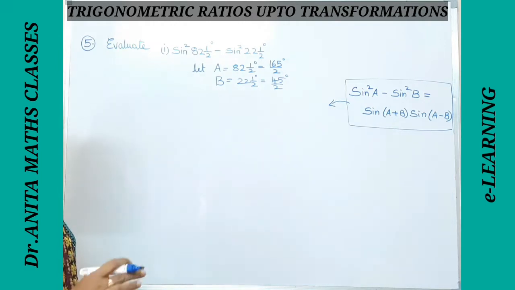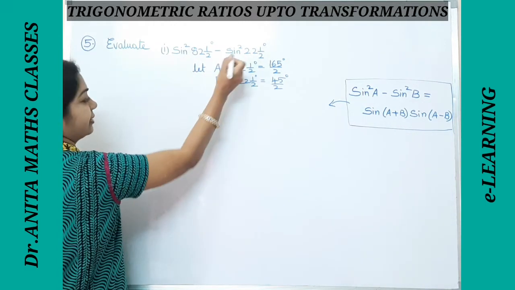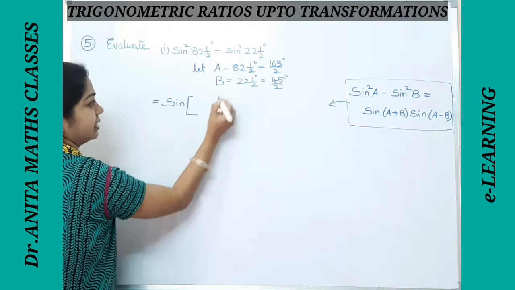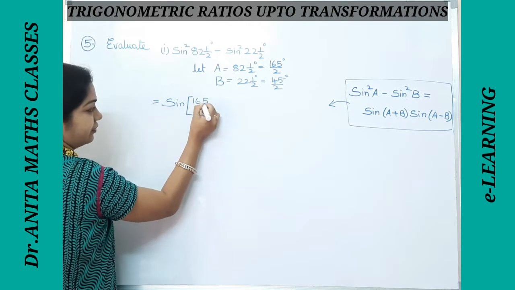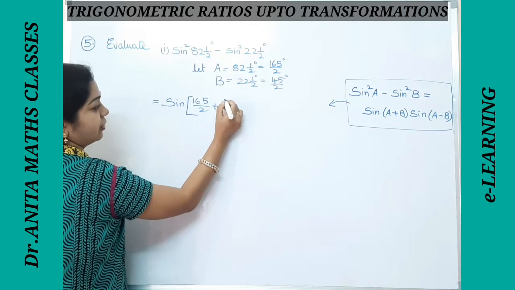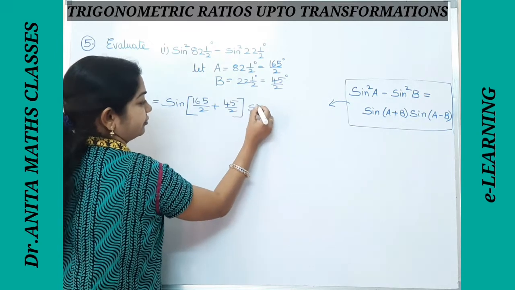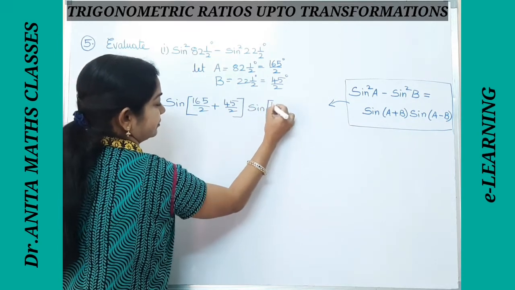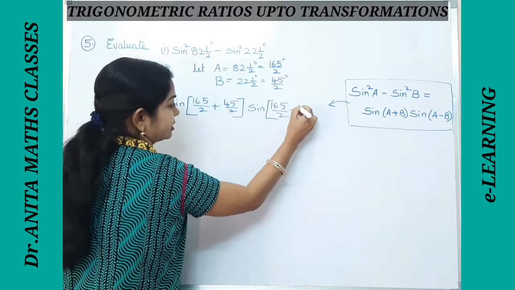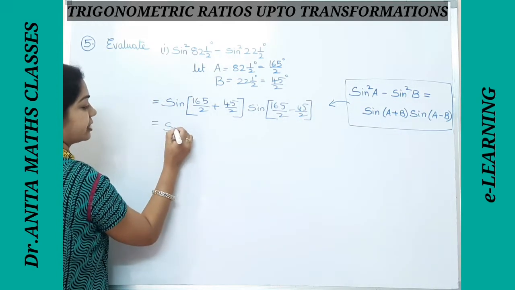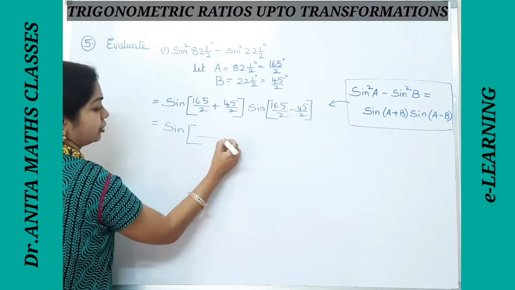Sine square A minus sine square B is equal to, directly applying, sine of A plus B, A is 165 by 2 plus 45 by 2, and sine of A minus B, so 165 by 2 minus 45 by 2. Since they are fractions, take the LCM 2.